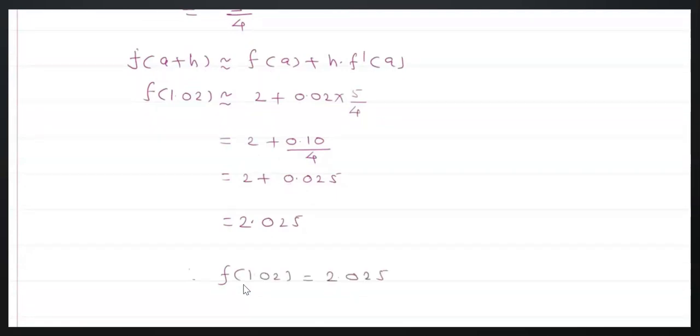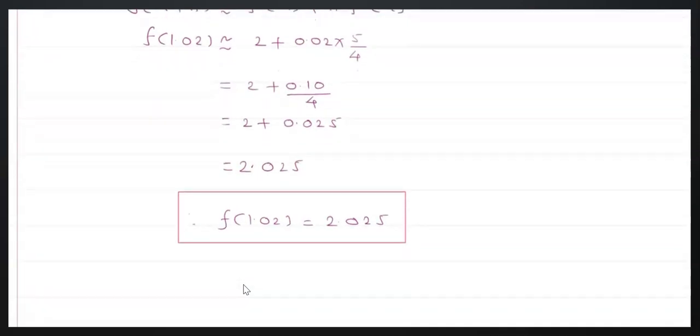Therefore, the value of that function is 2.025 at x is equal to 1.02.